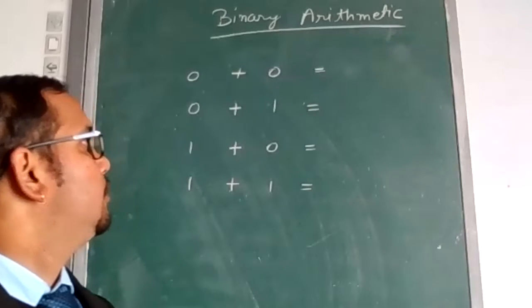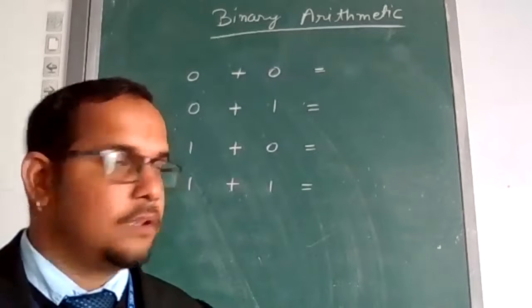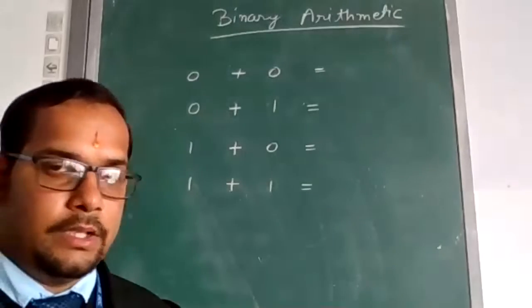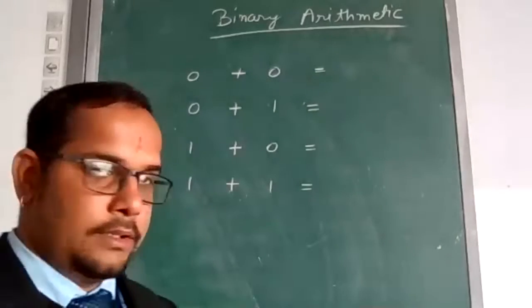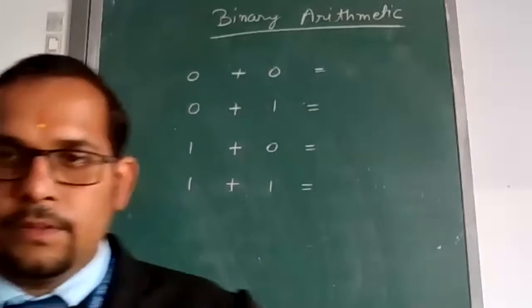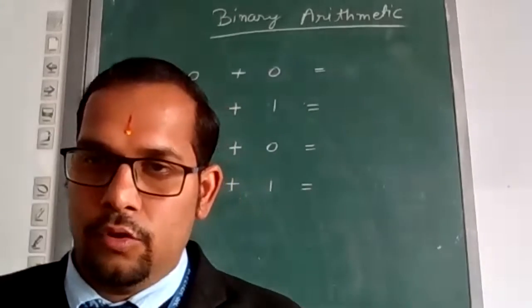These are all binary numbers. Binary numbers are in the form of zeros and ones only.